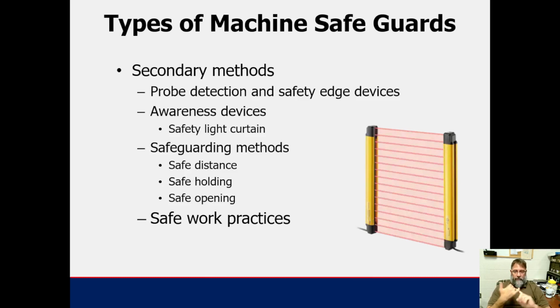Safety light curtains. That's this thing here. Those things are really neat, actually. If there's an area on the other side of the curtain that is in motion, if anything breaks this beam, it will shut the machine off. So it's not necessarily a wall or a door or a cage or something to that effect, but if you were to reach in there, it will stop the motion.